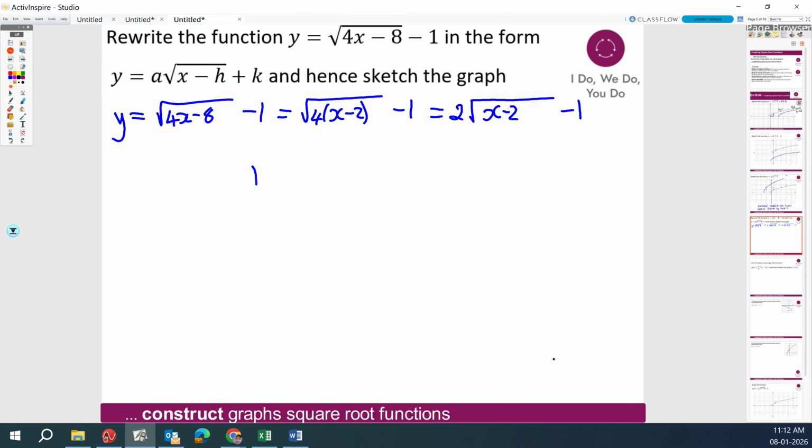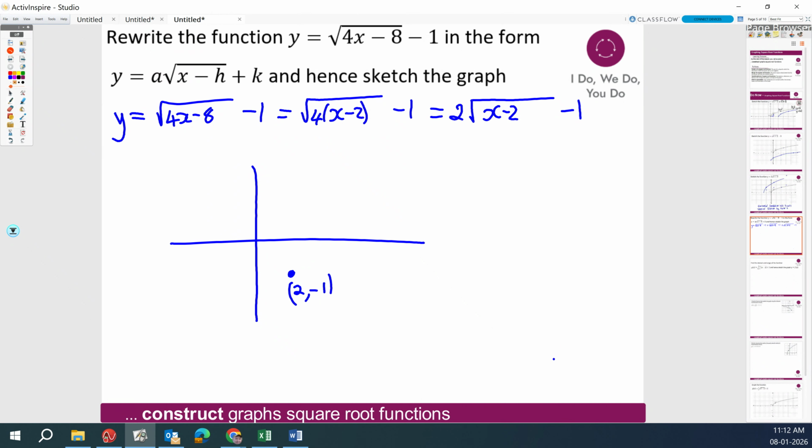So when it comes to sketching this one, we need to make a sketch. What's the vertex of the root function? 2, negative 1. So it's going to go through here at 2 comma negative 1.